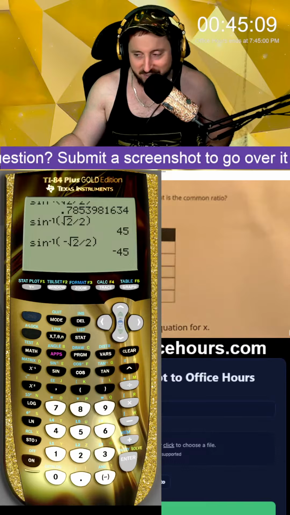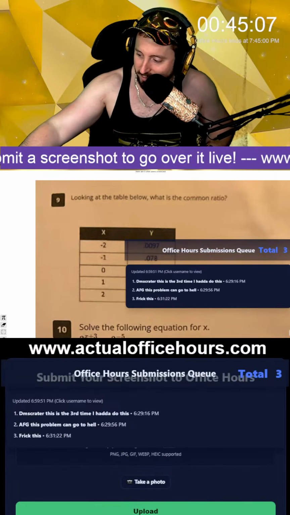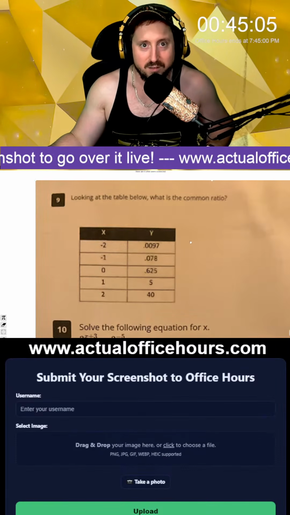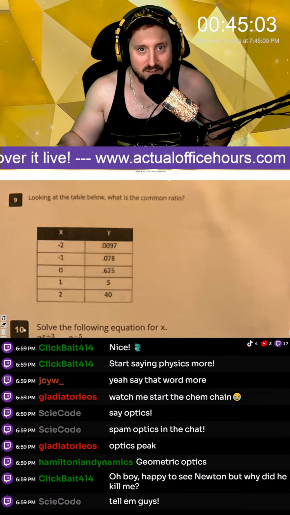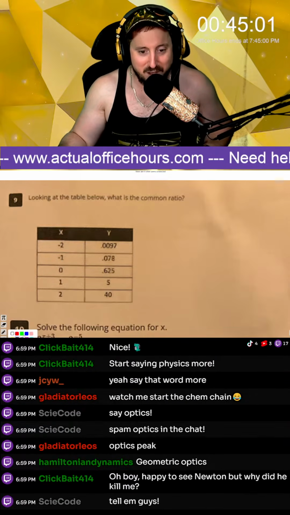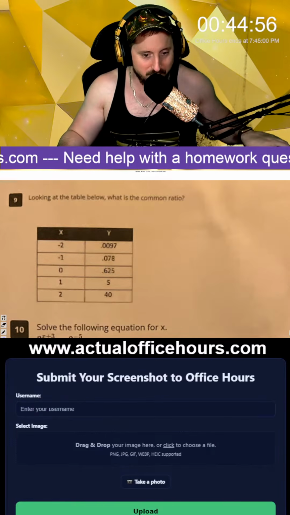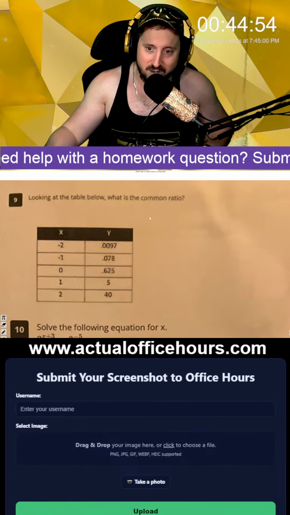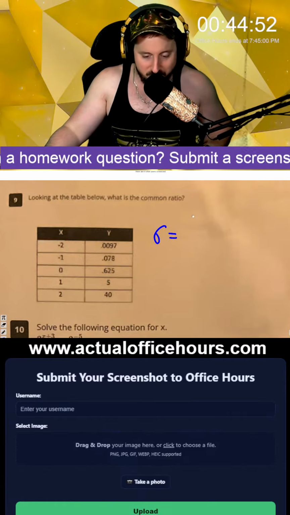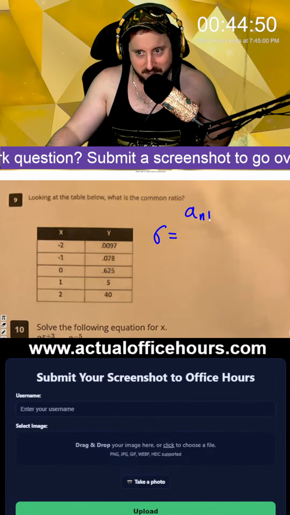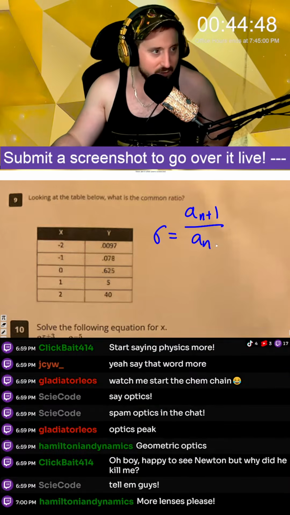To find common ratios, you have to just divide things, I think. Wait, I put too many things on the screen. Okay, so the rate... Oh, this is way too thick. All right, so R is equal to AN plus 1 over AN.